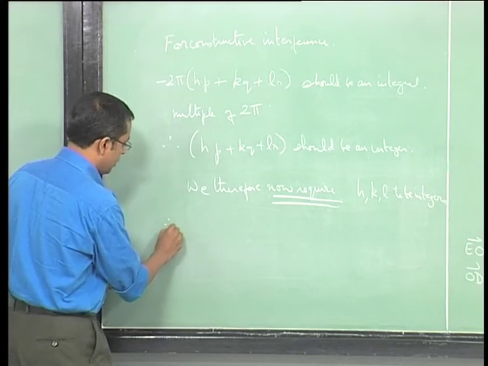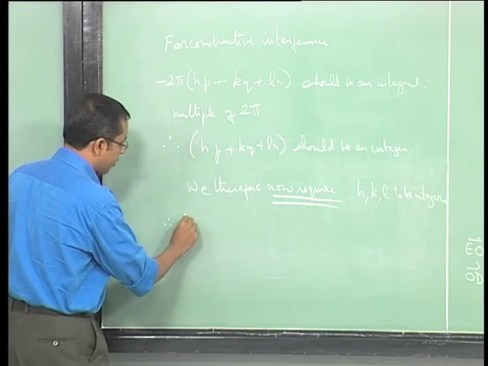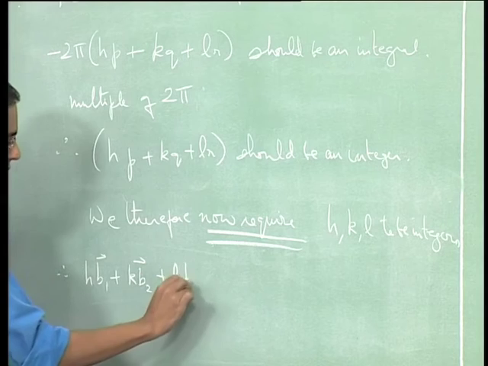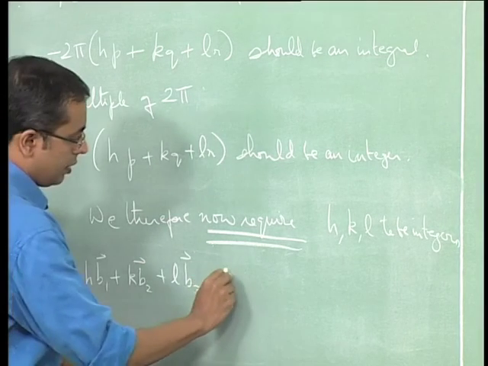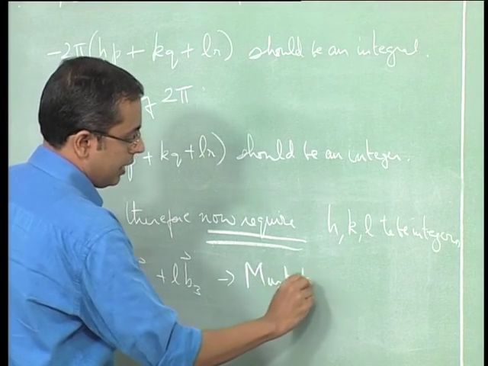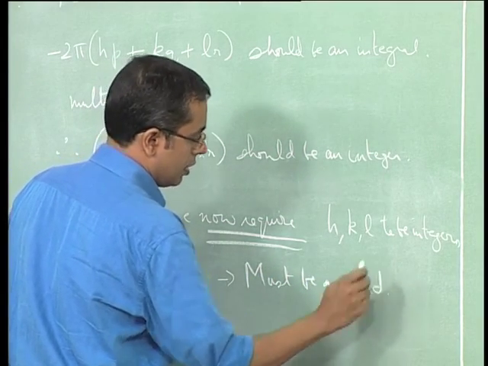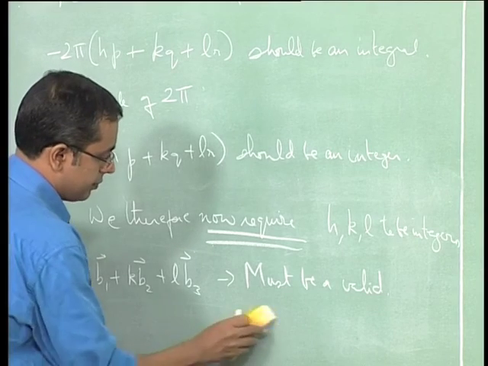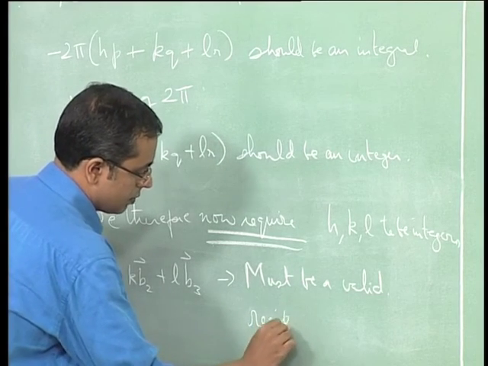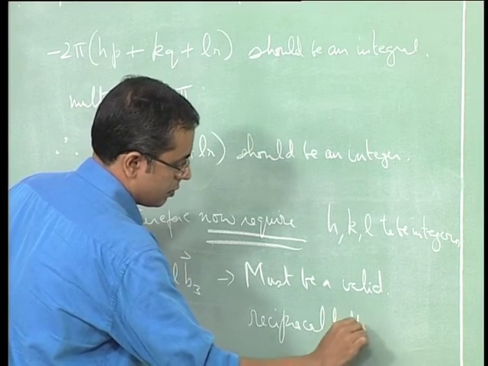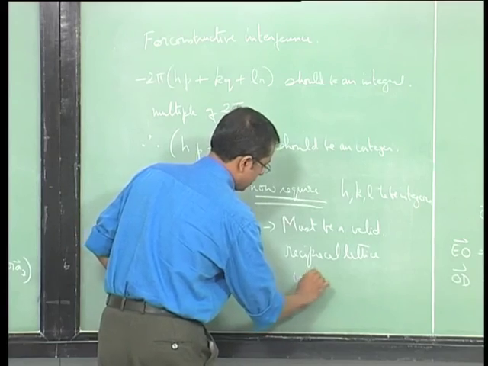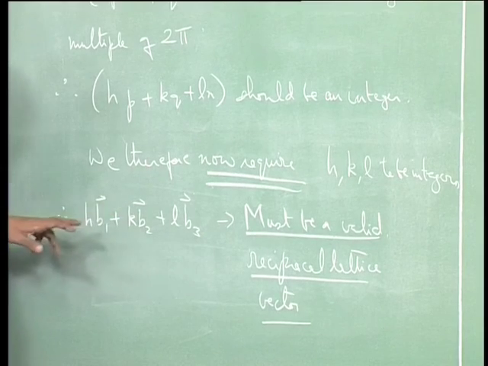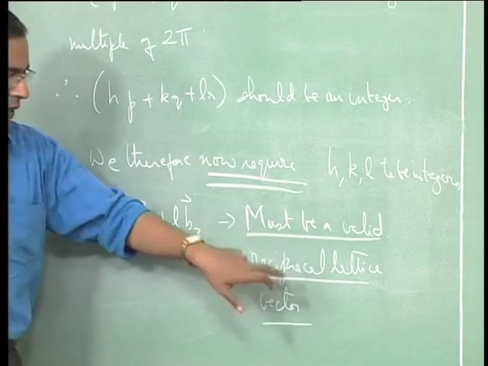Therefore, having reached this stage, we are able to say that HB1 plus KB2 plus LB3 must be a valid reciprocal lattice vector.